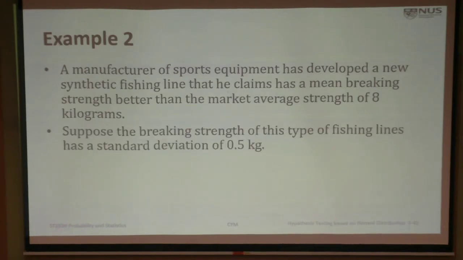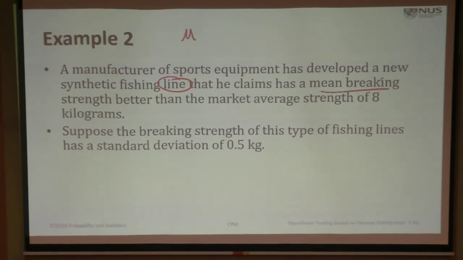So suppose the manufacturer of sports equipment developed a new synthetic fishing line, and he claims that the breaking strength is better than the market average, which is 8 kilograms. So in other words, we are looking at mu, which is the mean breaking strength.